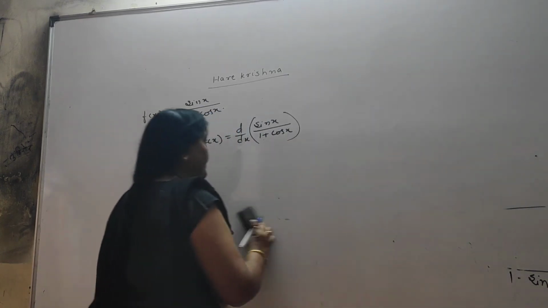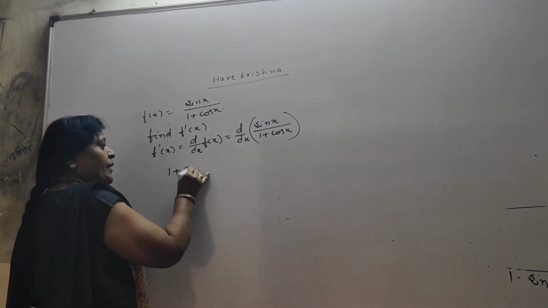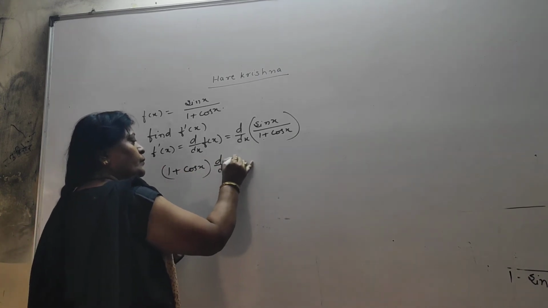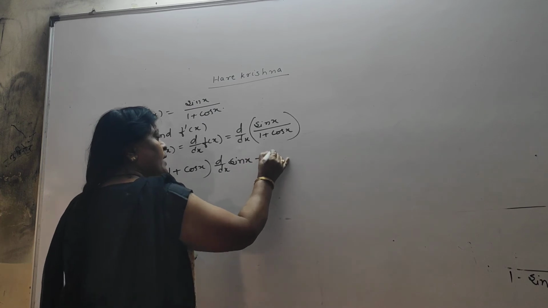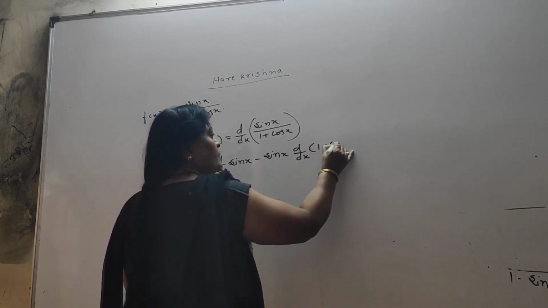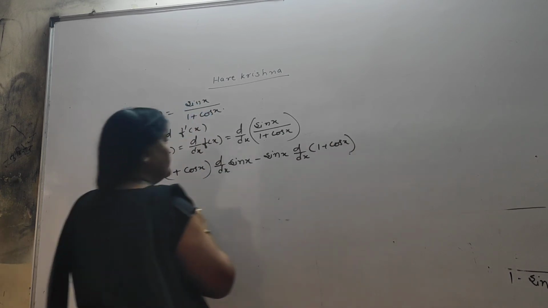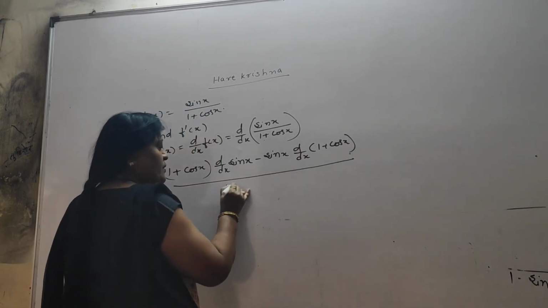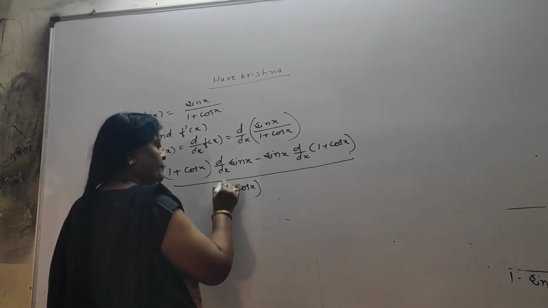Here again the denominator, that is 1 plus cos x, remains as it is. Take d dx of sin x, minus sin x remains as it is, d dx of 1 plus cos x, divided by 1 plus cos x whole square.